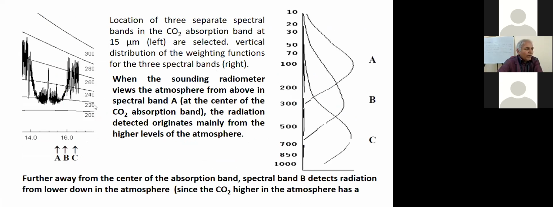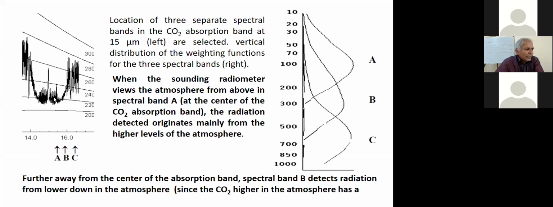To make what I told you clearer, you can see here that I have three spectral bands A, B, C, slightly offset. 15 micrometer is the strongest absorption band of CO2, which corresponds to A. The d tau by dz, which is nothing but the weighting function, is drawn at different pressure levels, so this is d tau by dp.